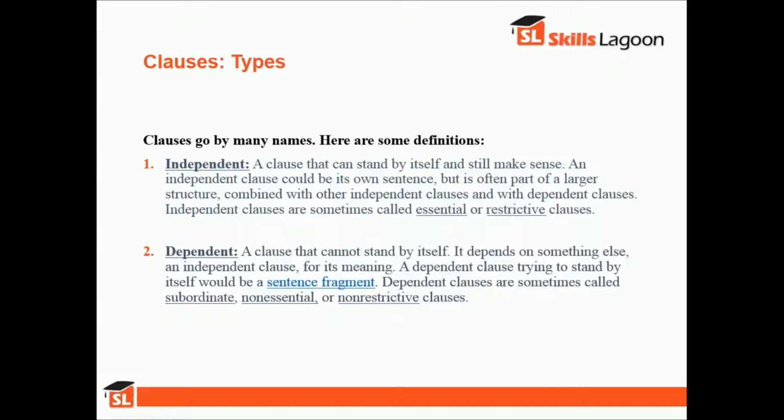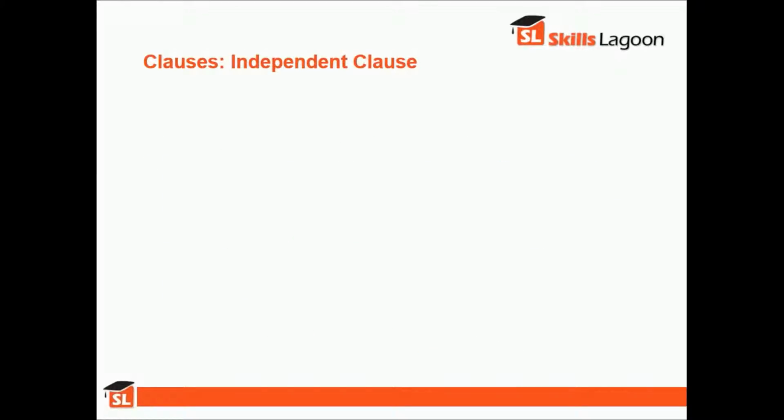Independent clauses are sometimes called essential or restrictive clauses, also main clauses, and dependent clauses are called subordinate. Further on the independent clause, let's look at some examples.